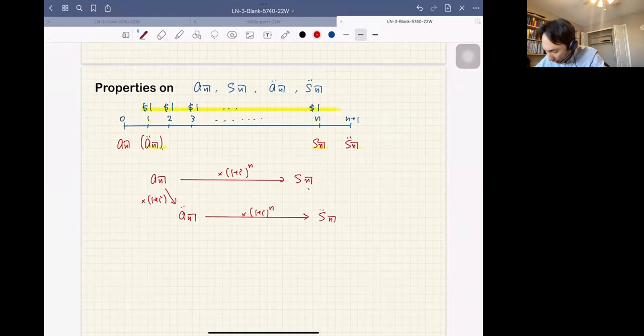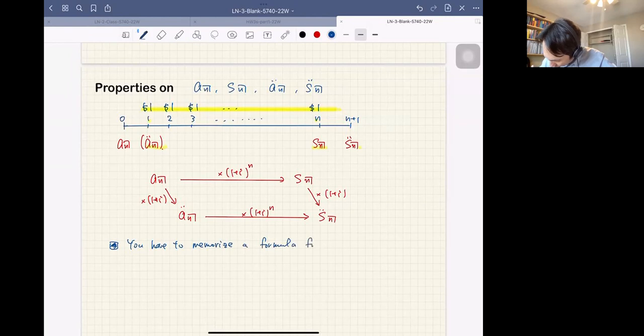Or we can multiply 1 plus i to s right angle n, then it becomes s double dot right angle n. So you basically have to memorize only one of these, the formula for a right angle n.